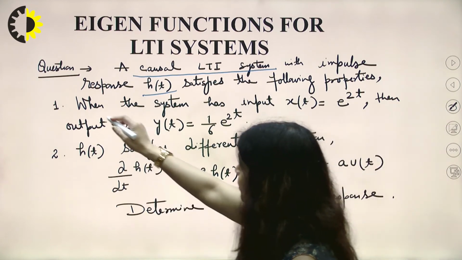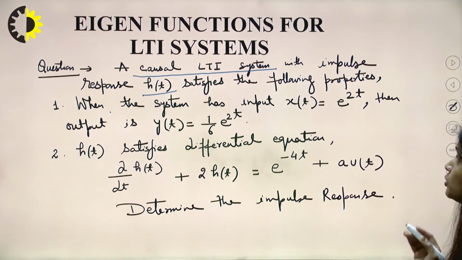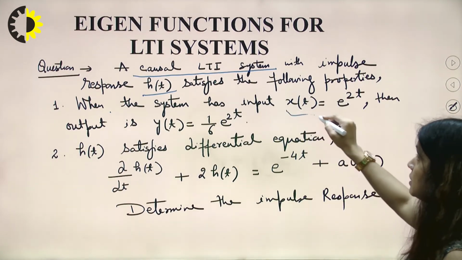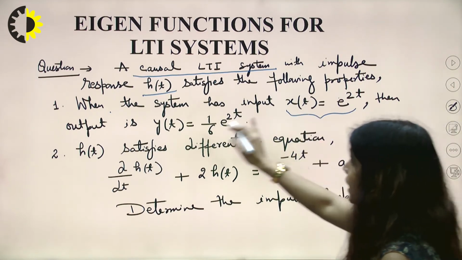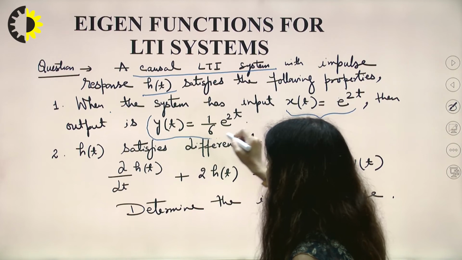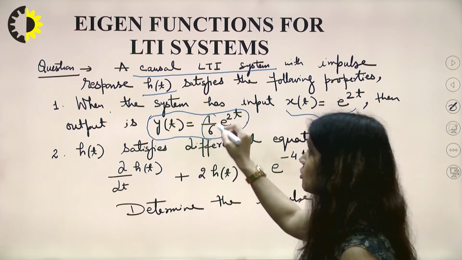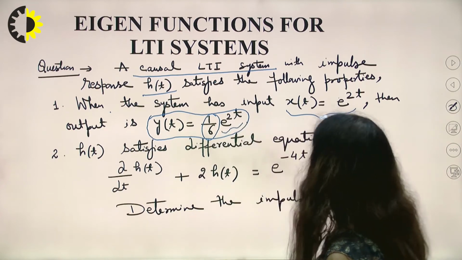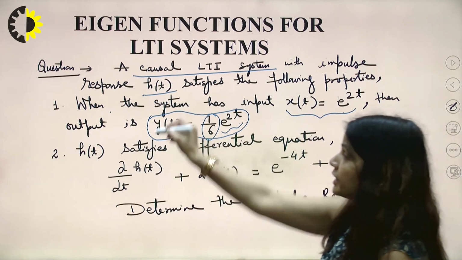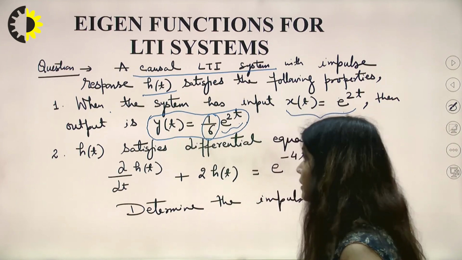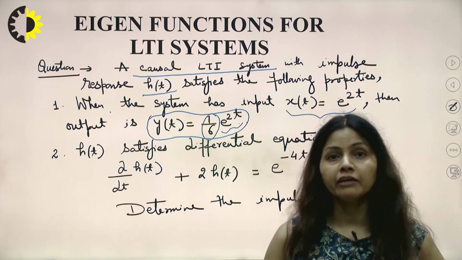When the system has input x(t) is equal to e raised to the power 2t, see here s is equal to 2, and my output is given as y(t) is equal to some constant times the input, because the input is getting multiplied by some constant and hence producing the output. So I can readily apply the concept of eigenvalue and eigenfunction.